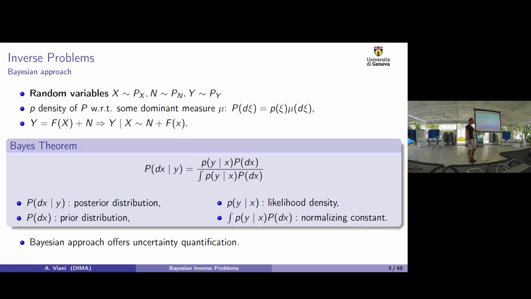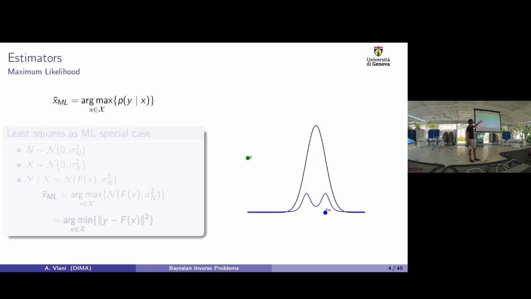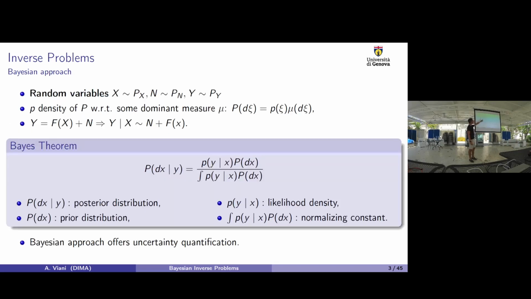You are not looking at what you know a priori, about your knowledge on the unknown. And this is the maximum likelihood. So you are looking at the configuration that best fits the data, nothing else. While in the maximum a posteriori, you are looking at the maximum of that product. So you are embodying the model with your prior knowledge.